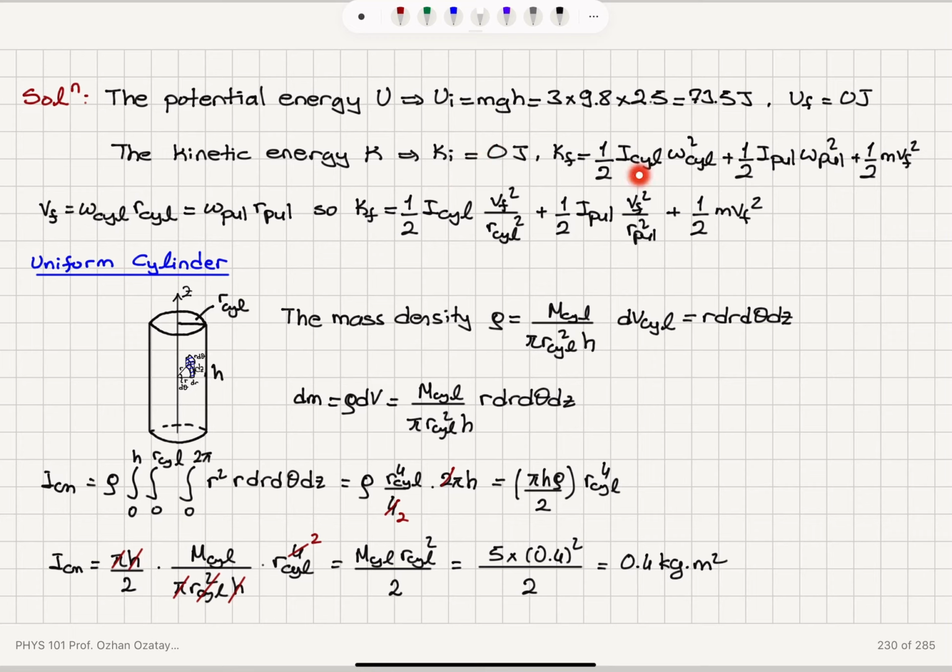Final kinetic energy is the rotational kinetic energy of the cylinder, 1/2 I cylinder omega cylinder squared, plus the rotational kinetic energy of the pulley, 1/2 I pulley omega pulley squared, plus 1/2 m v final squared.